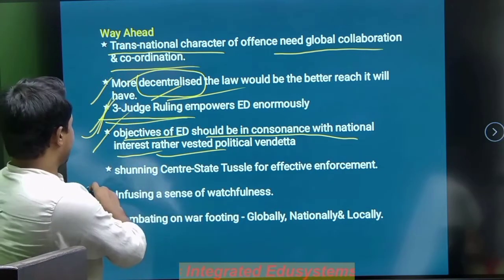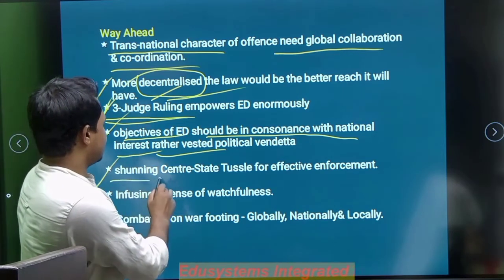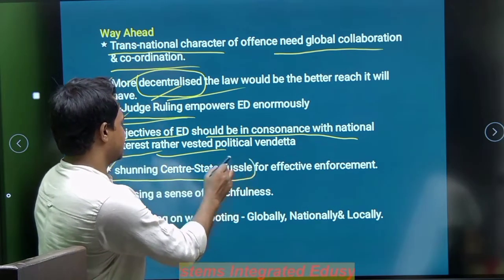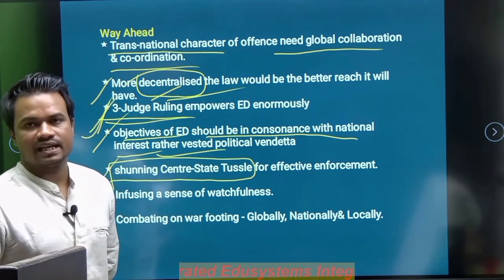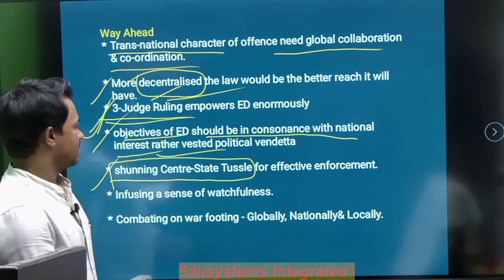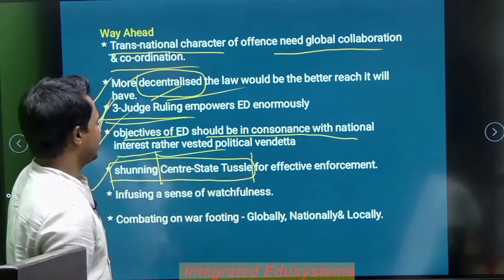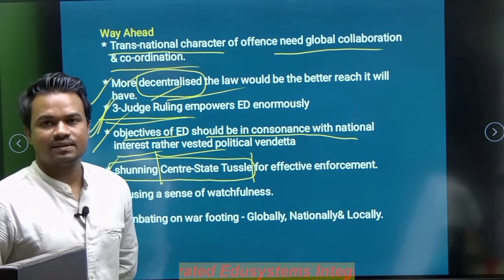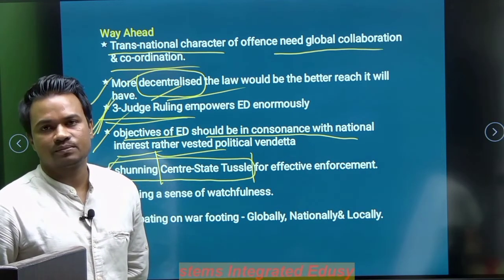Okay. And the next way forward is shunning the central-state tussle. This is very important, not only in this particular act or in this discussion, but because the central-state tussle ultimately hampers the development and growth of the country.